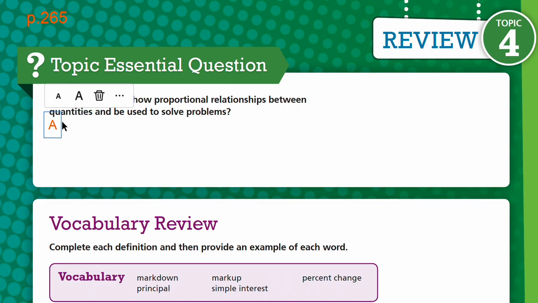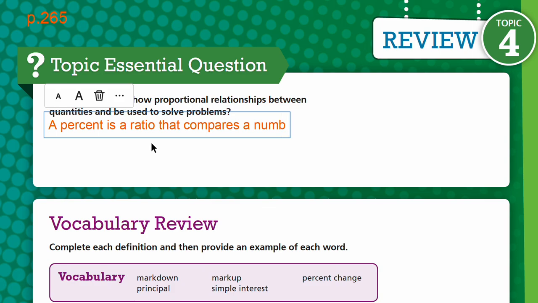So a percent is a ratio that compares a number to 100. And so what is this ratio? If this ratio is equivalent to another ratio in a problem, you can often solve the problem by setting the ratios equal to each other and solving the equation.